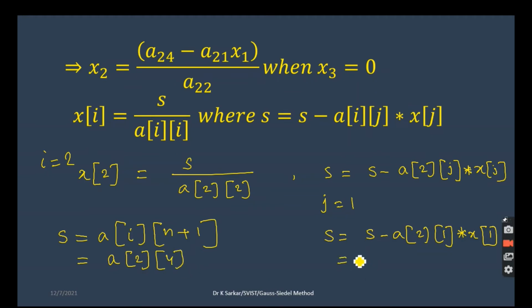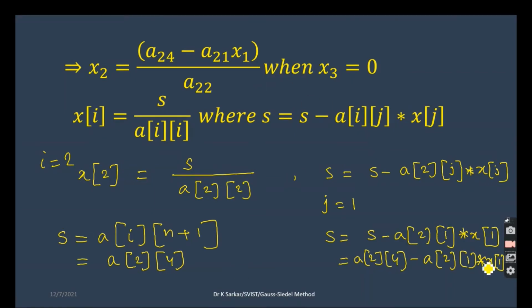You are getting a24 minus a21 multiplied by x1. You look here that the numerator is a24 minus a21 x1, and below it is a22. Hope all of you have understood.